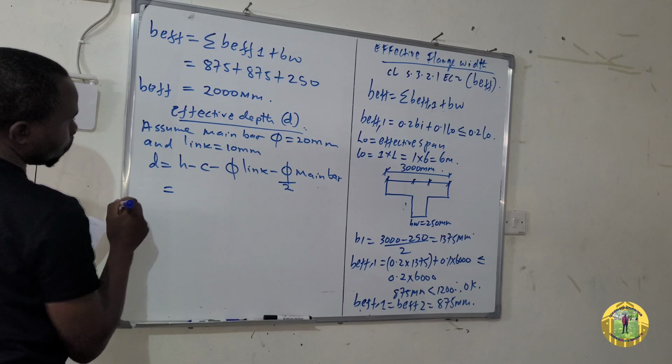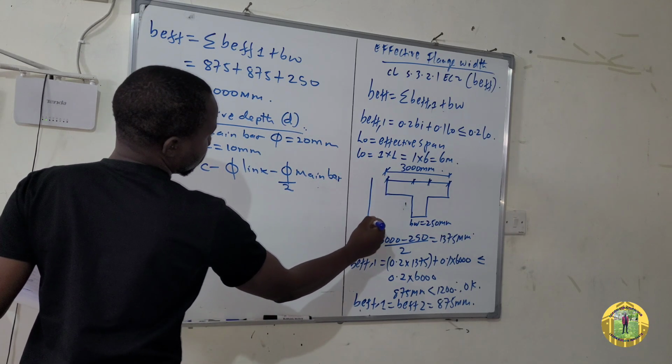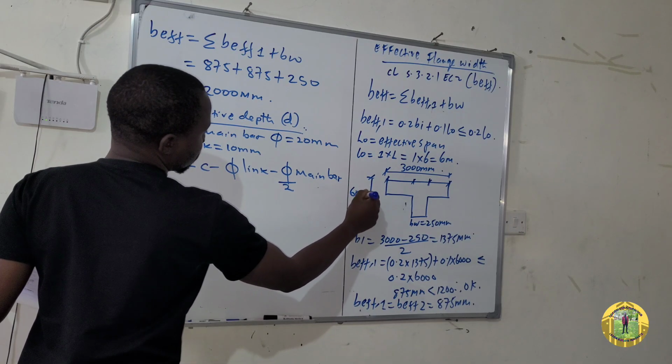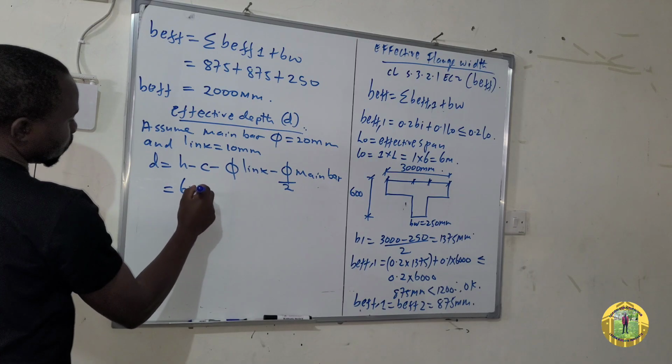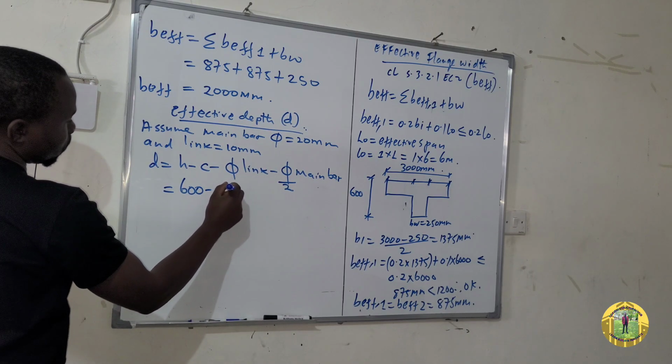This one is equal to, the H is from here up to here, which is 600 millimeter. So this one is 600 minus cover is 25. We have been given the question.